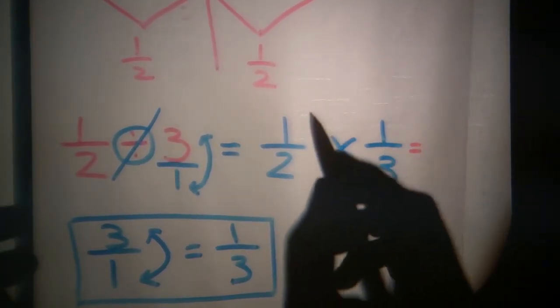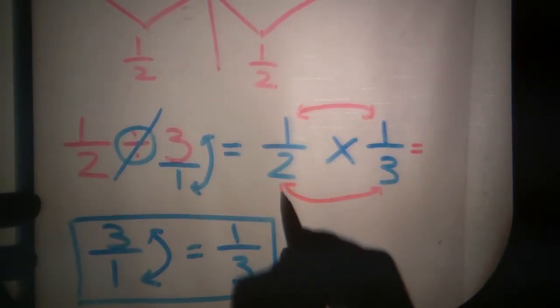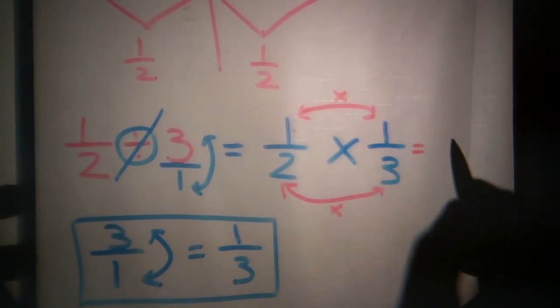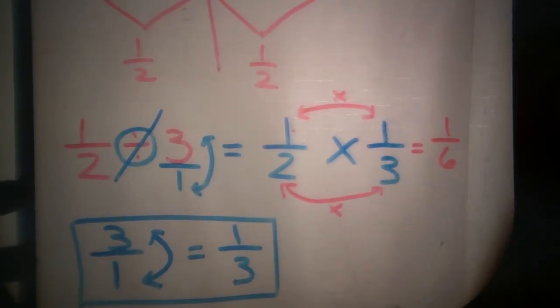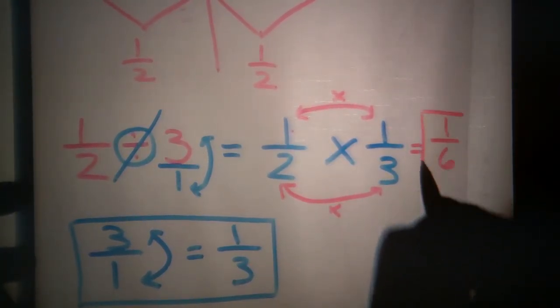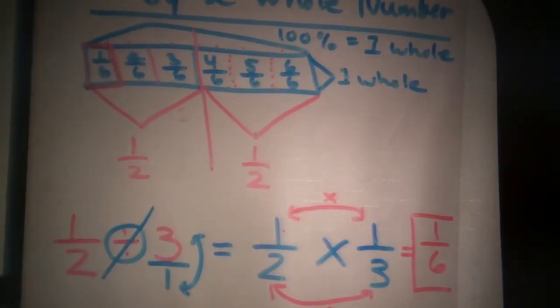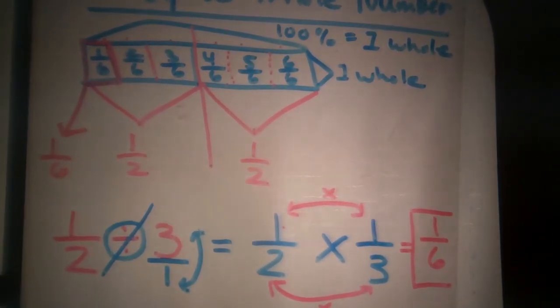We simply multiply across. 1 times 1 is 1. 2 times 3 is 6. Our answer is 1/6. Each section is 1/6 of the whole.